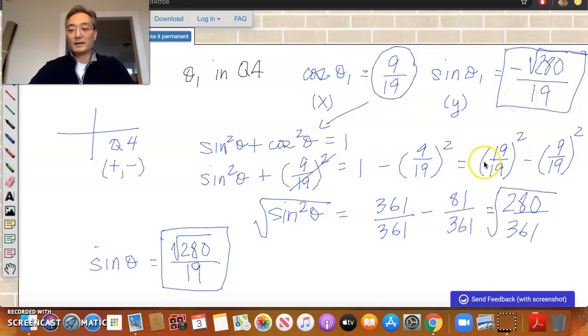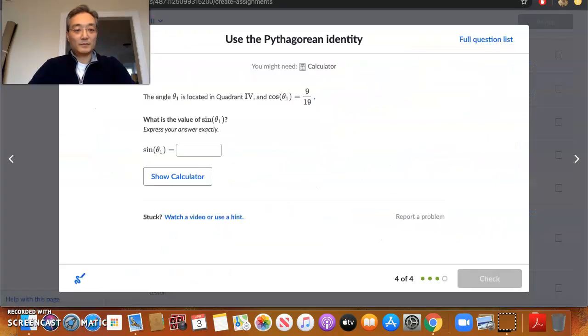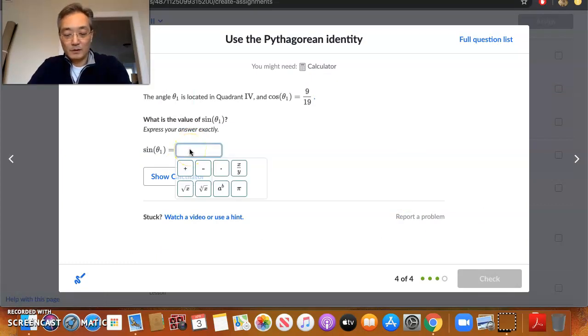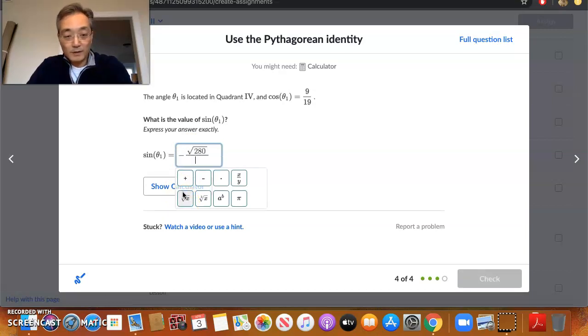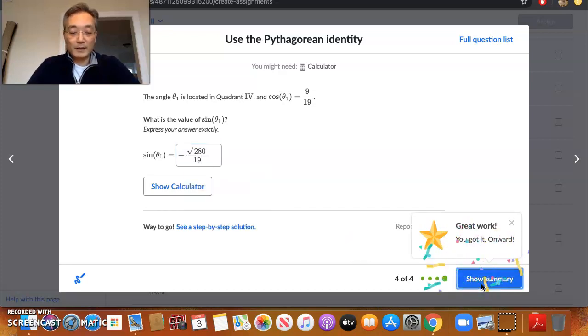Okay, so negative radical 280 over 19. And let's just check. So negative radical 280 all divided by 19. And that is correct. Okay, guys? All right.